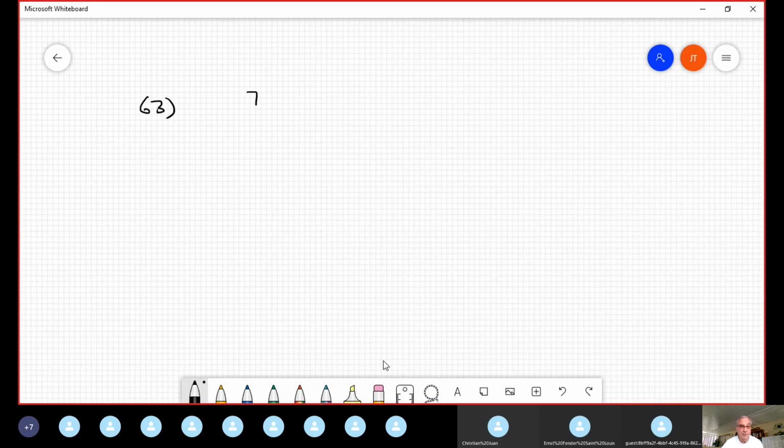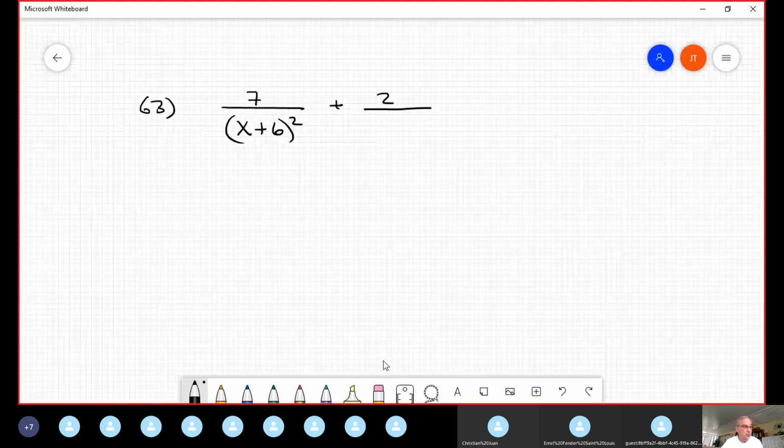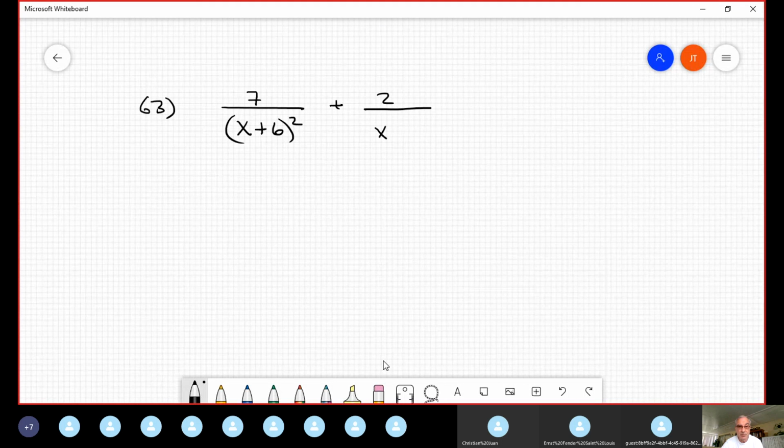63 is 7 over x plus 6 squared plus, and this is valid not only when it's plus, addition, but also subtraction, but in this case, plus.